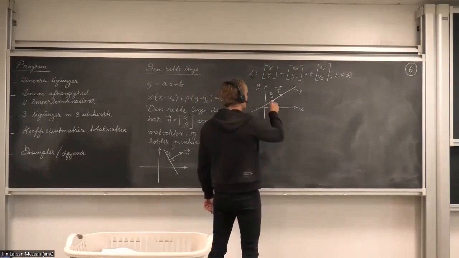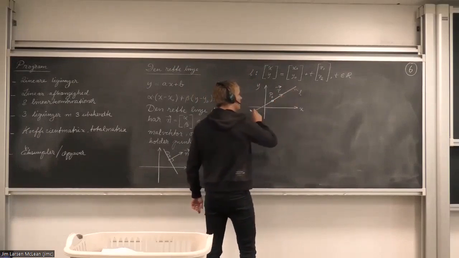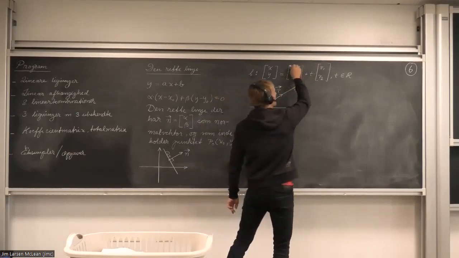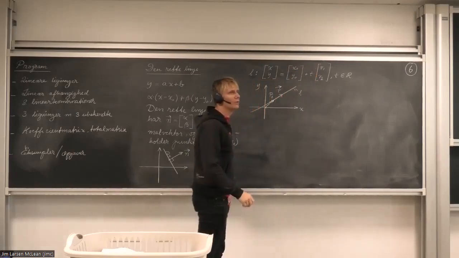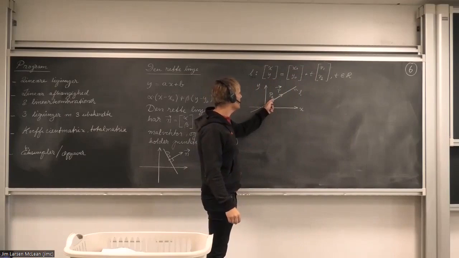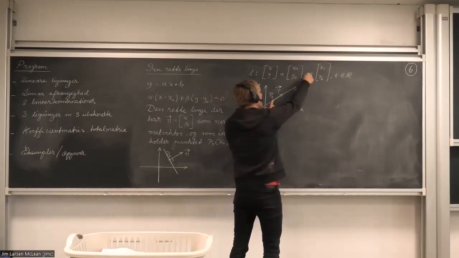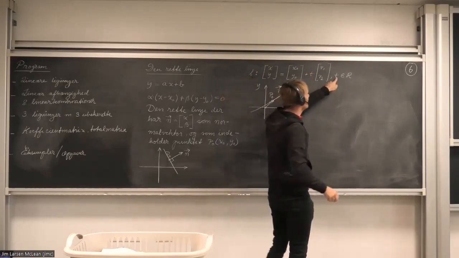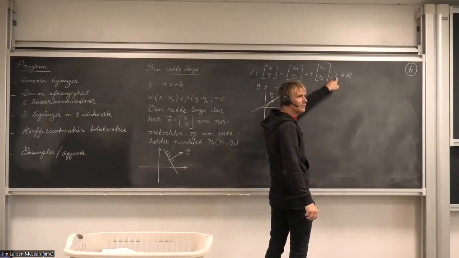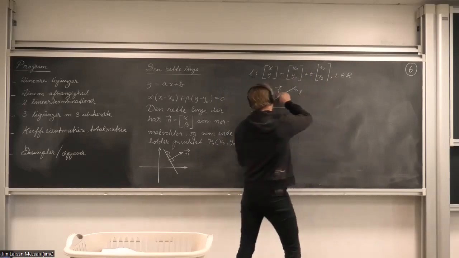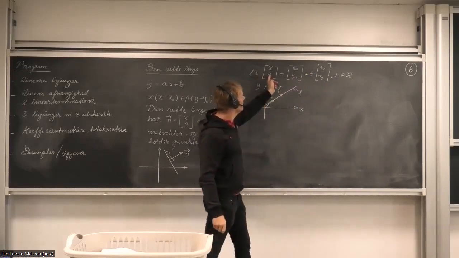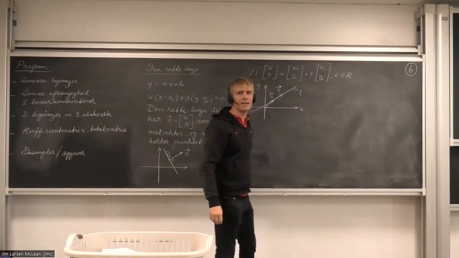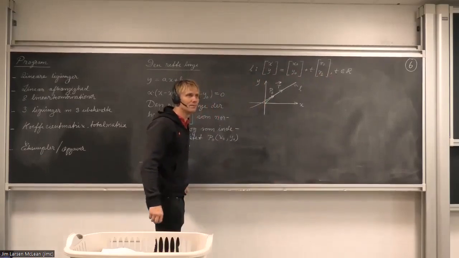From that point, I can reach all points along the line by first moving from the origin to that point, where it's a vector called x0 over y0. And I can scale this direction vector so it becomes longer or shorter or changes direction by letting t be either positive or negative in some value. And in that way, I can land anywhere on the line. So the straight line can also be written in this form.